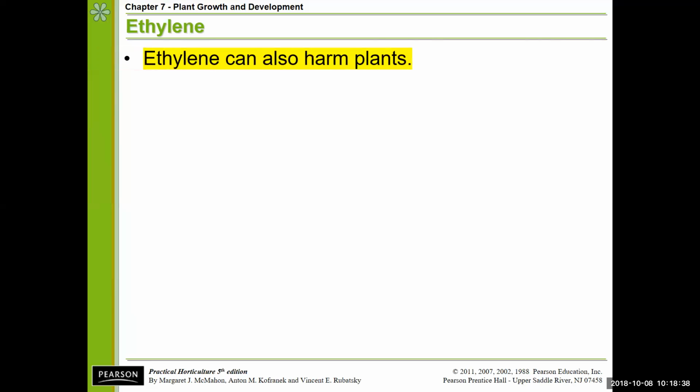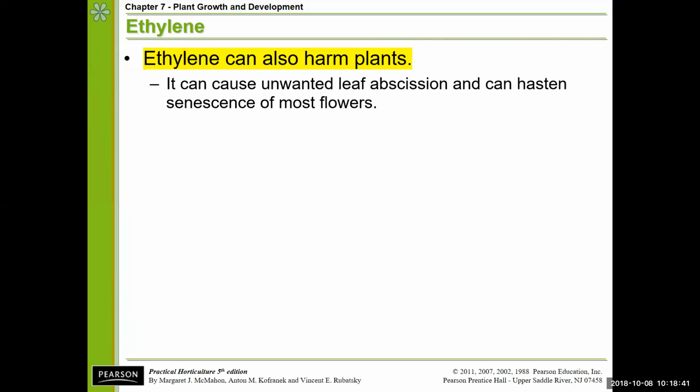Ethylene, of course, can also harm plants because it causes unwanted leaf abscission or hastens the senescence of most flowers. And we've seen this. It's kind of funny, actually. We had a greenhouse manager here, and we had an adjunct teach a floral design course, and our greenhouse manager would often store her lunch in the floral cooler, which would cause the flowers in there to continue to basically produce and try to develop into seeds.